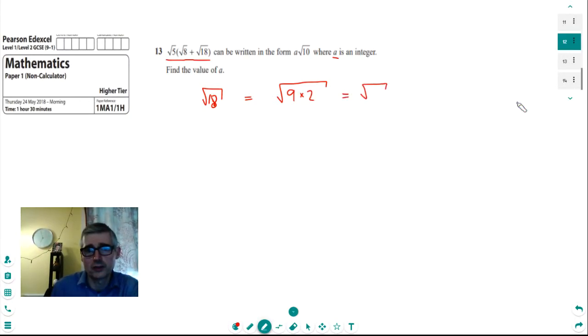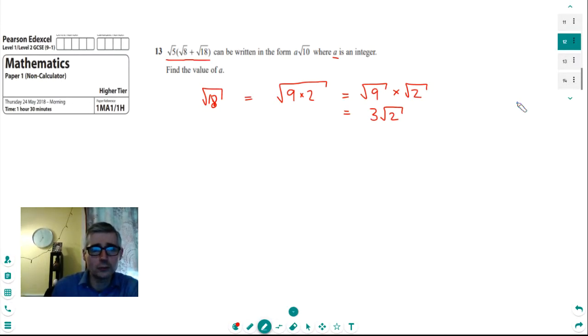We can say that it's root 9 times root 2, which is great because we know what root 9 is, don't we? Root 9 is the number which we can square to make 9. So it's 3. So that root 18 is simplified straight away to being 3 root 2.